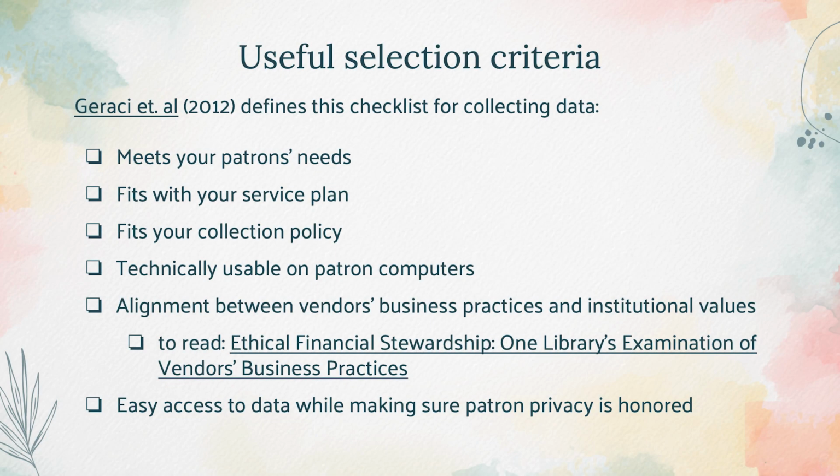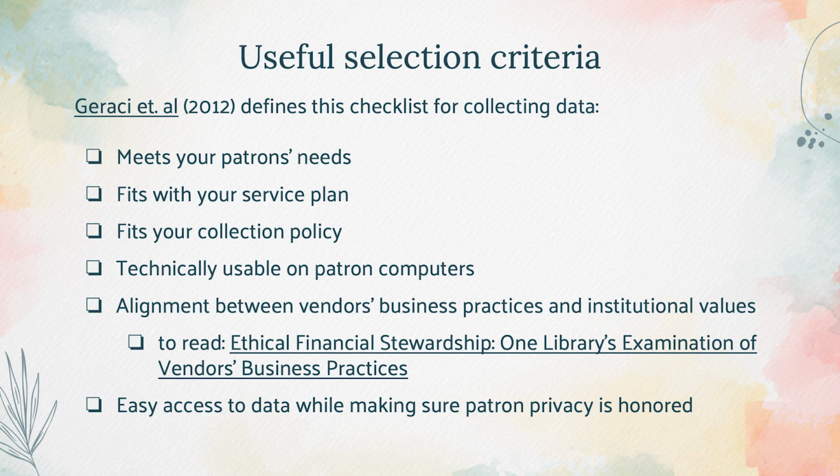I really like Geraci et al.'s checklist for selection criteria for data. I definitely heavily recommend looking at it. I think if you've done collection development, it should look pretty familiar. I think the things that are a little different are this: technically usable on patrons' computers. So obviously when you're selecting things, you want to make sure it fits the needs, it fits your service plan, it fits your policies.